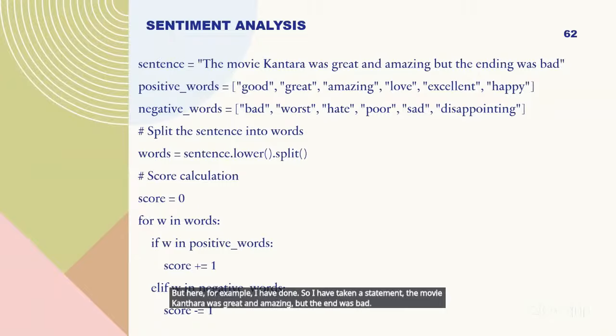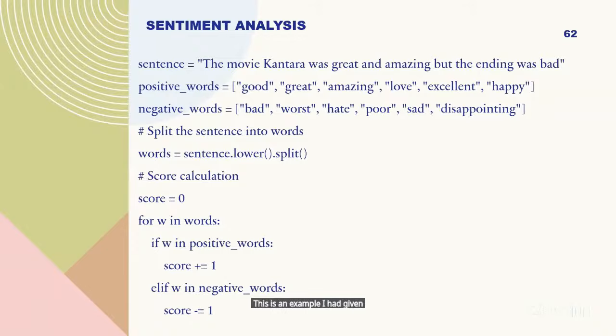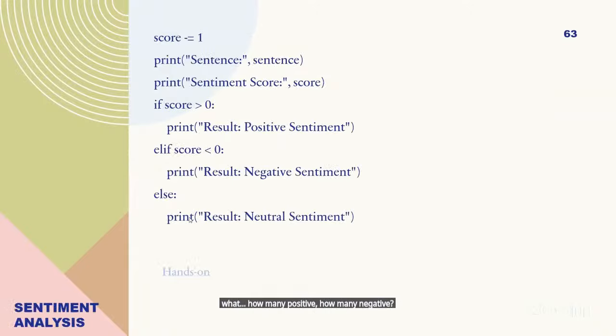Actually, it is a good movie. I have also added what the positive words and negative words are. Here we are splitting it, then you find out the score, how many positive, how many negative, then print the result. Let us see how it is working.